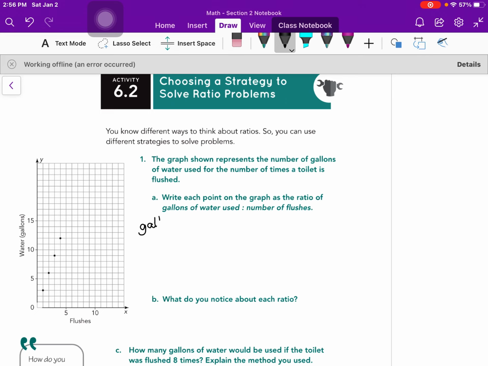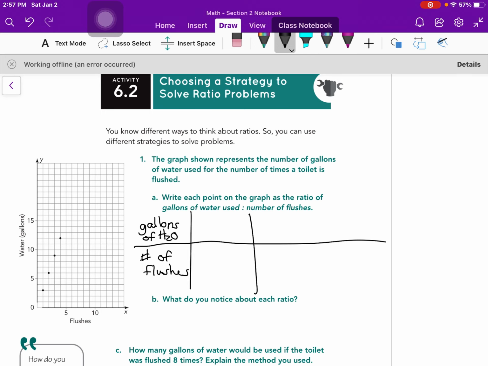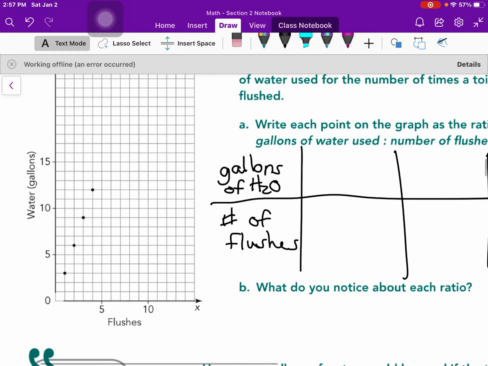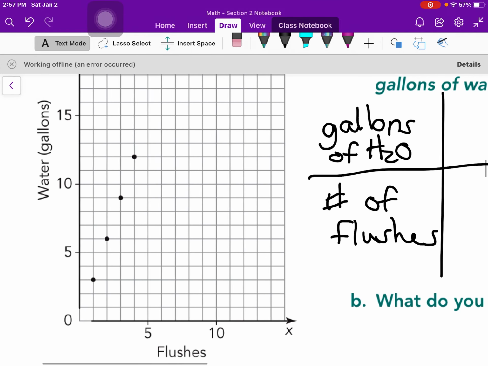I have to write each plotted point as a ratio. Okay, gallons of H2O and number of flushes. If I'm going to write each ratio, I think I'm going to kind of keep it set like a table sort of thing. Okay, so let's look at these plotted points.